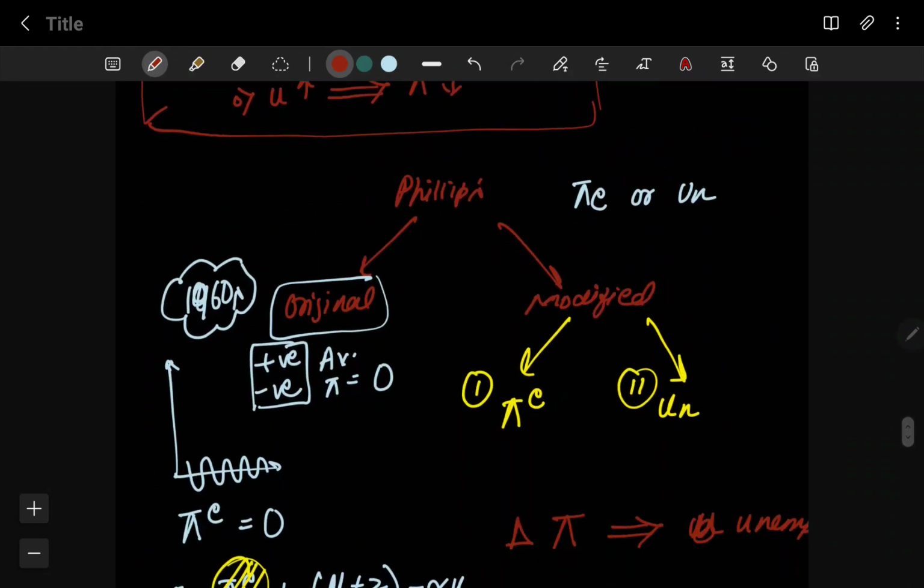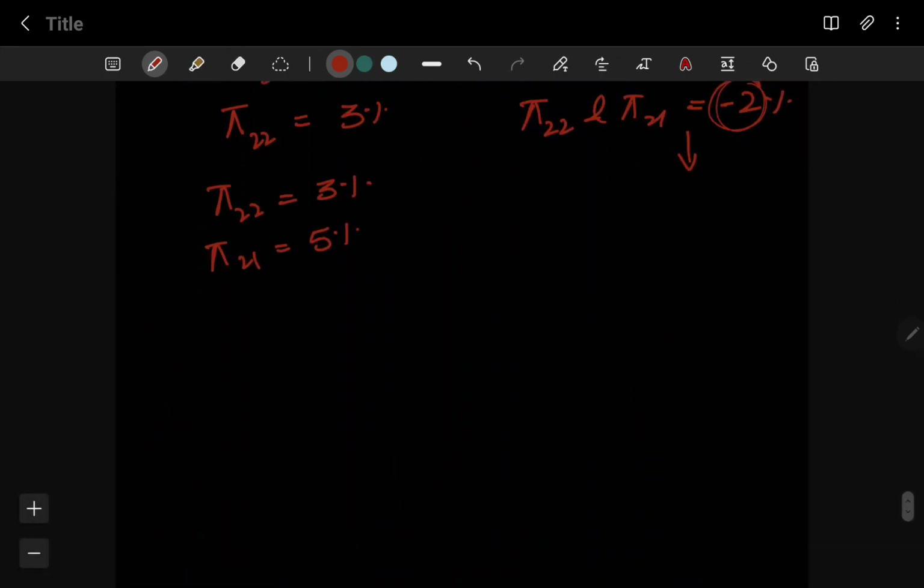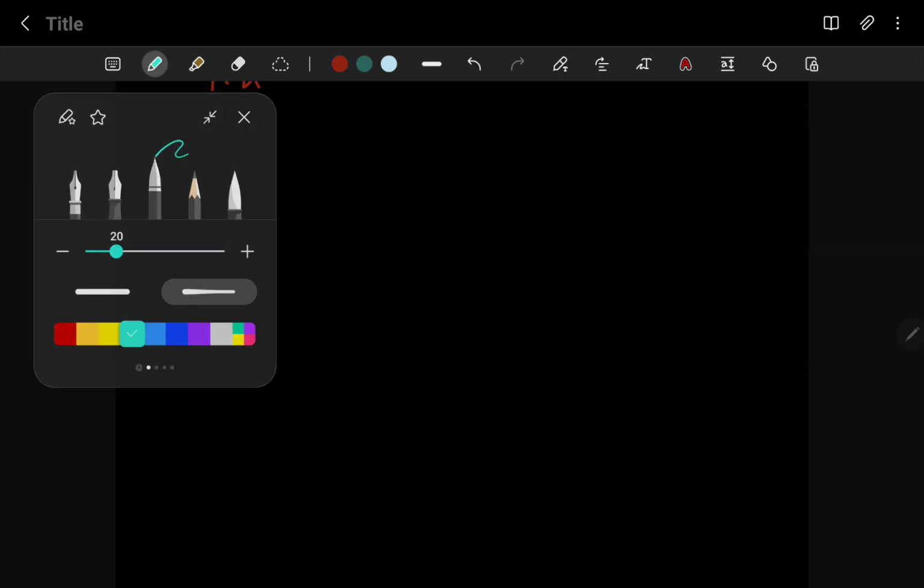Now coming to our modified 2, which is the natural rate of unemployment. In the modified 2 form, we have a new concept of natural rate of unemployment. Now you have to remember this sequence, which we've done probably in the second or third video.